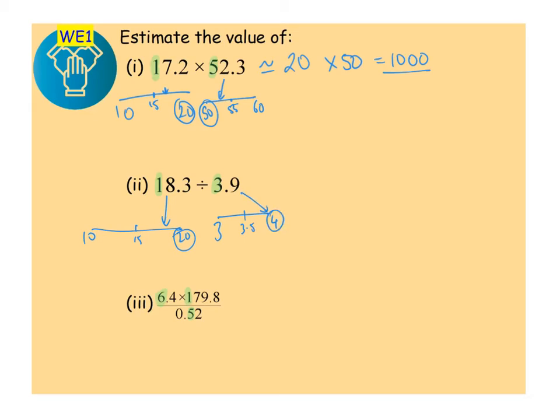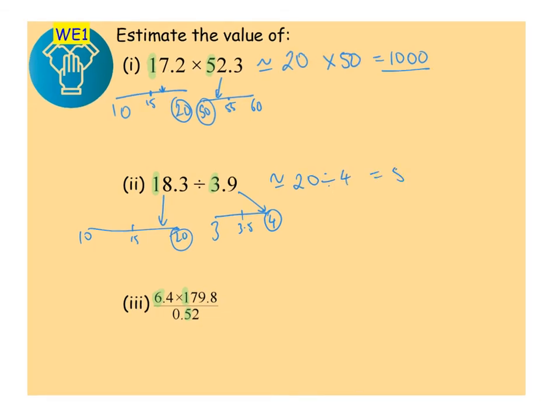So this is approximately the same as 20 divided by 4, and 20 divided by 4 is 5. So there's my estimate.